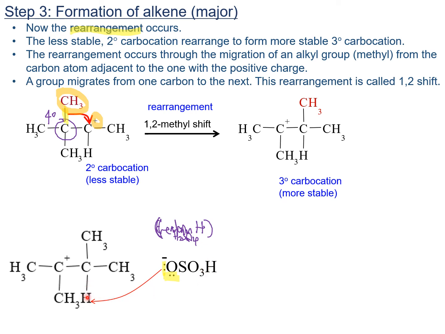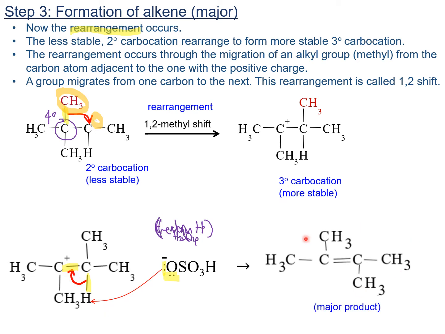Lepas tu hydrogen ni dia akan break the bond dengan this carbon kan, so dia akan terus buat double bond. So daripada bond between this carbon and hydrogen dengan this bond between this carbon and carbocation, bond ni dia naik atas. Therefore dapatlah major product seperti yang dinyatakan dekat dalam example. So this is how you do the reaction mechanism bila melibatkan rearrangement.